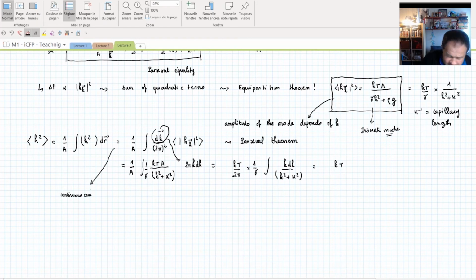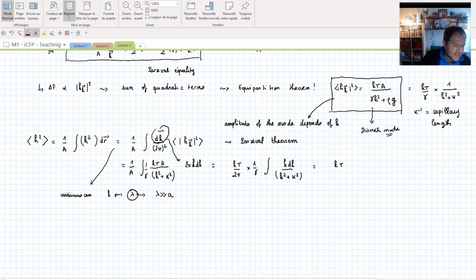And we can discuss a little bit why I'm allowed to do that. What I have to know is what is the range of k that I deal with, which is the range of wavelengths that I deal with, and the wavelengths I am dealing with are always larger than the molecular size.